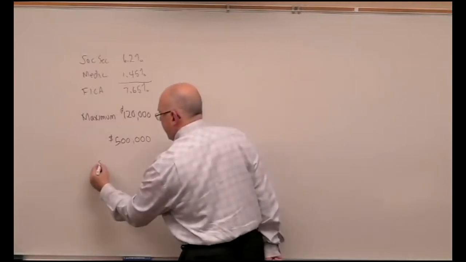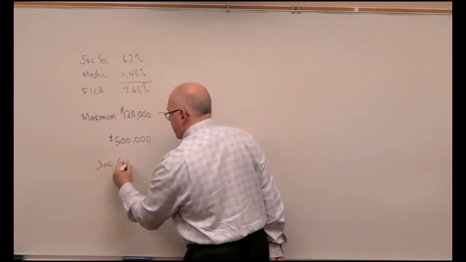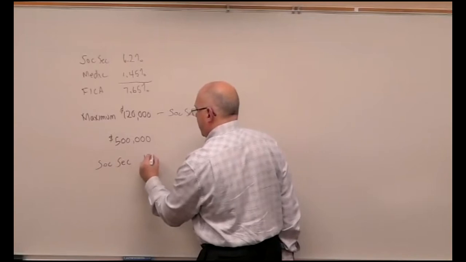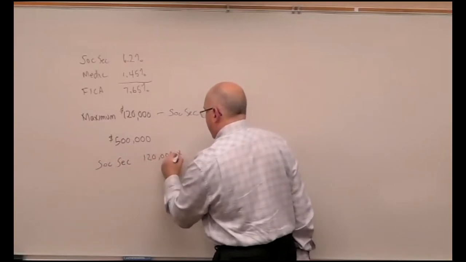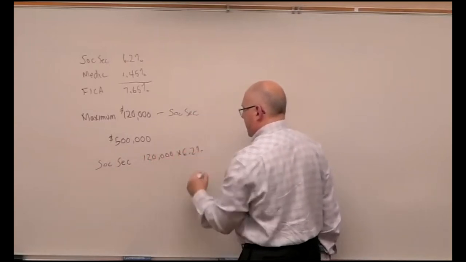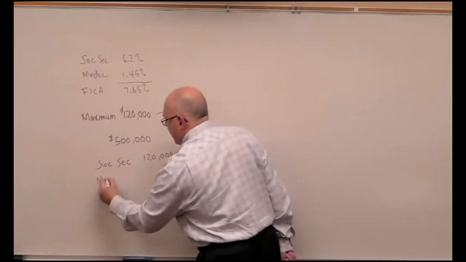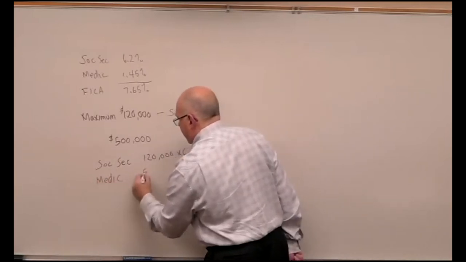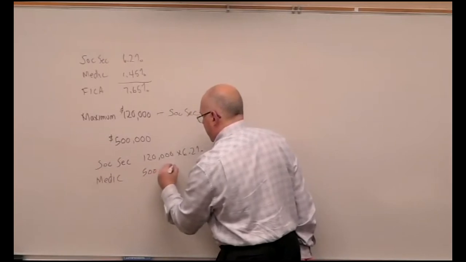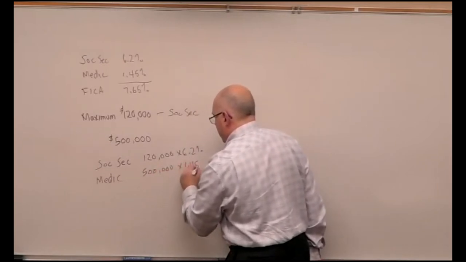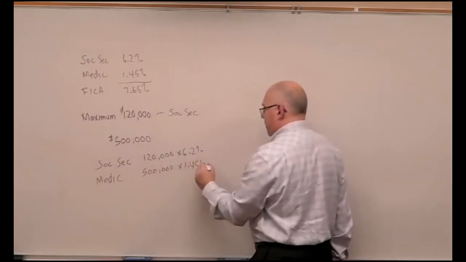Social Security would be 120,000 times 6.2%, and Medicare 500,000 times 1.45%.